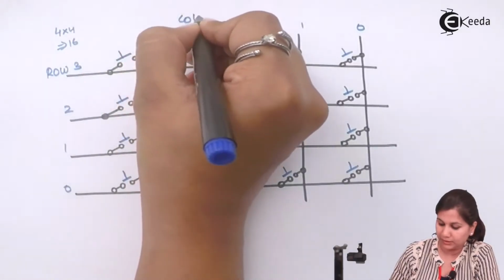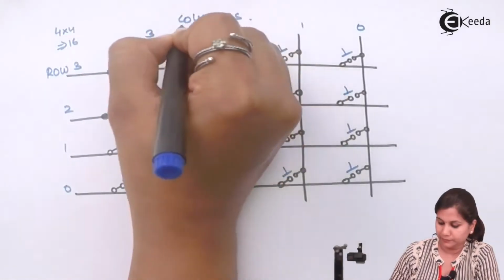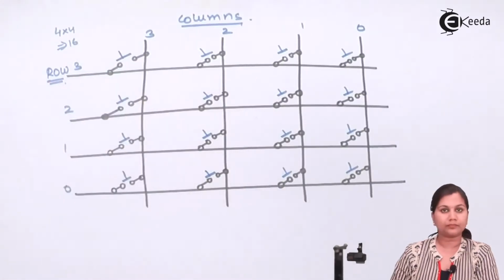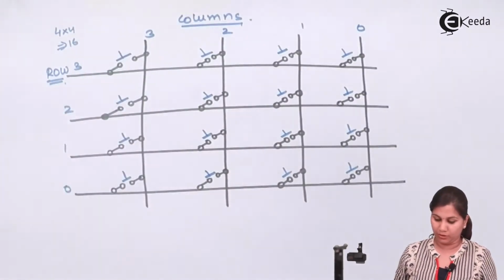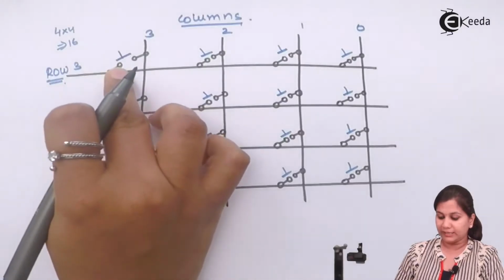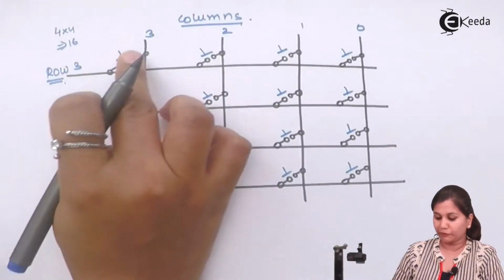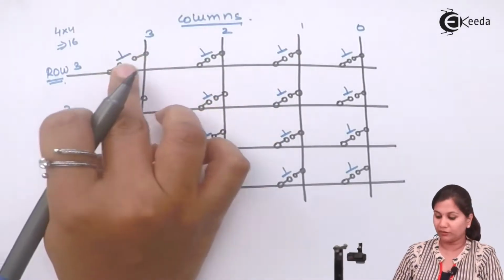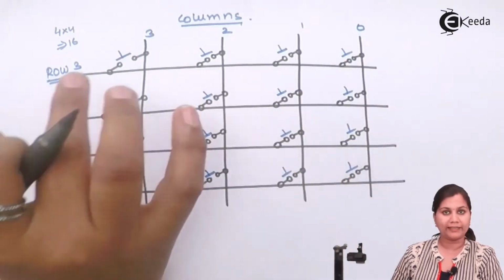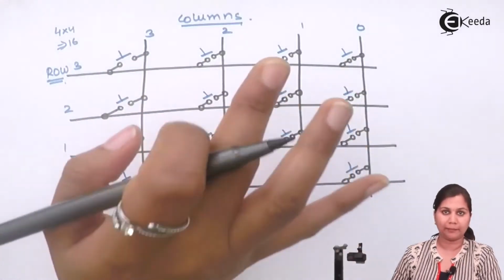These are the columns and these are the rows. Now whenever any key is pressed, with the help of the row and column combination, we will be able to identify that this key is being pressed.